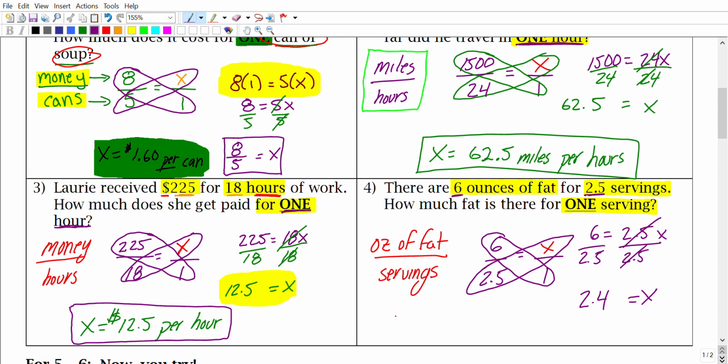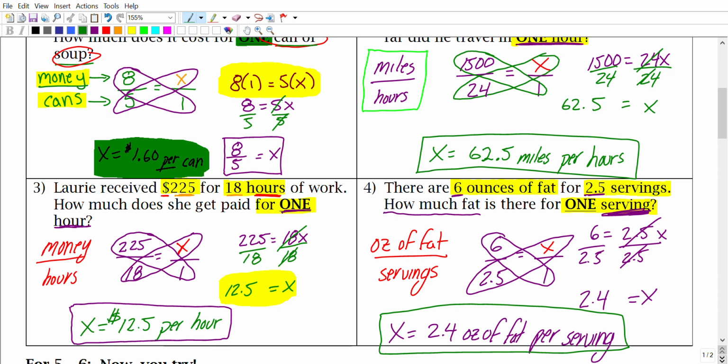I have to write a little bit more. So this is 2.4 what? We were looking for how much fat. So this is 2.4 ounces of fat per 1 serving. All right.